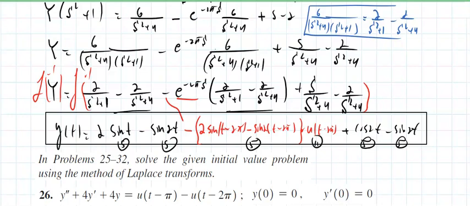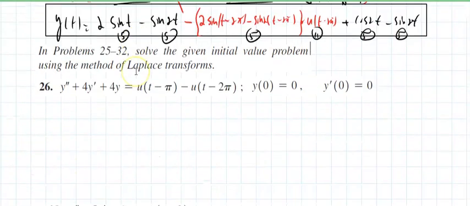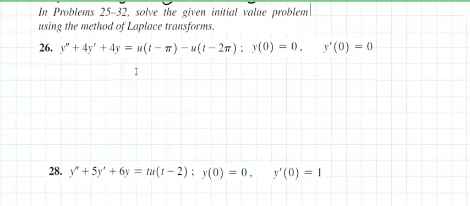And there it is. Now 26. If I apply the Laplace on this equation, solve the initial value problem. Well, both of those are 0, so that's quick.